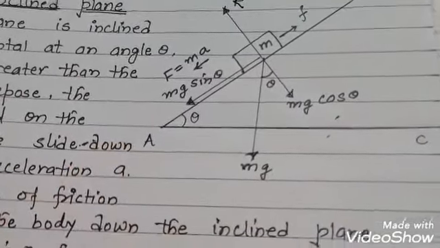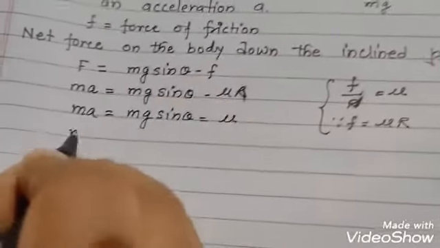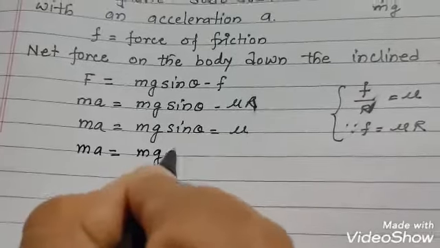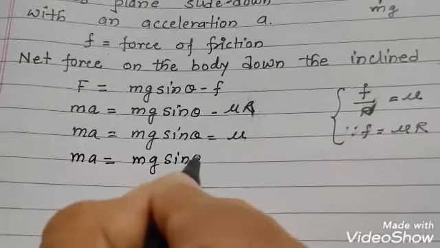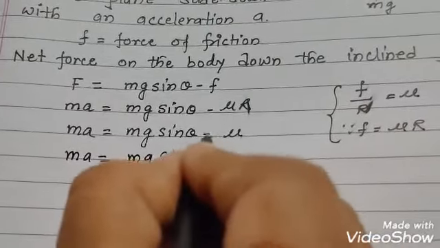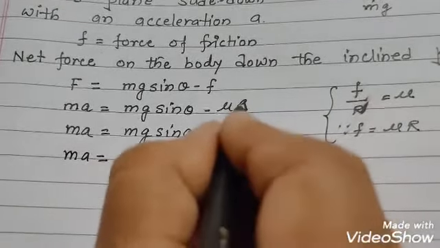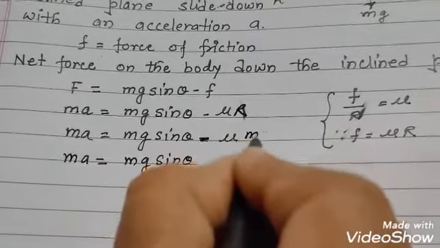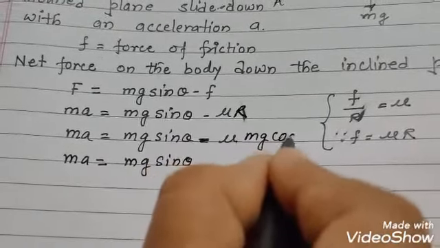So ma is equal to mg sin theta minus mu mg cos theta.